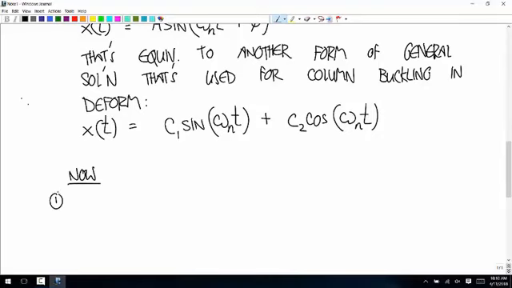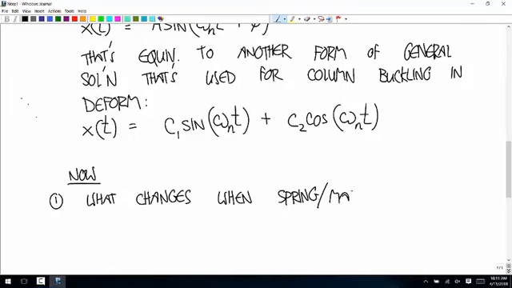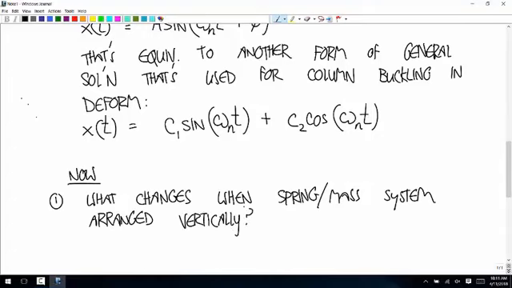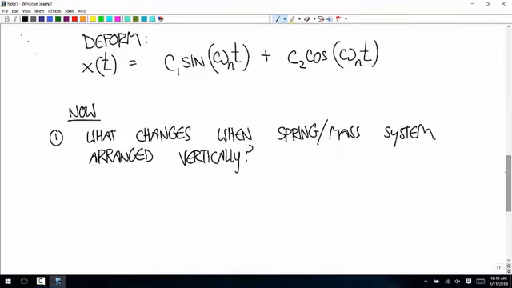Now, this is what I want to talk about today. What changes when the spring mass system is arranged vertically? The answer is not much.